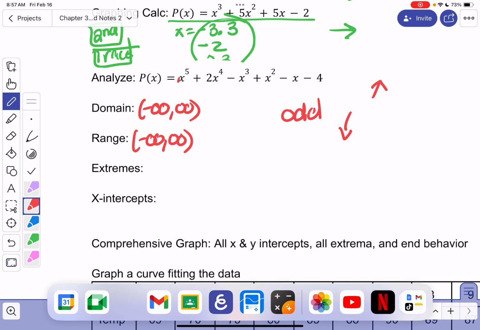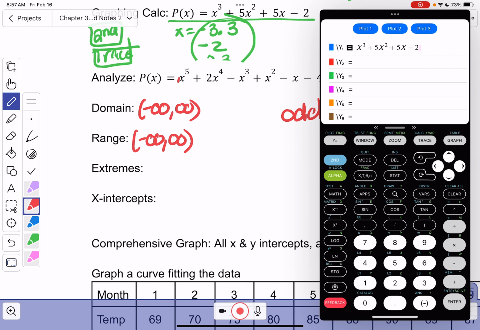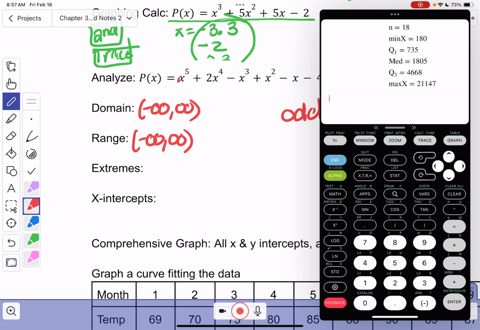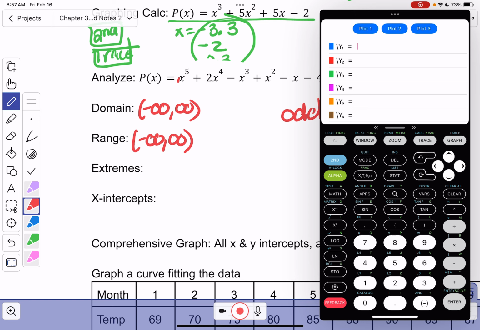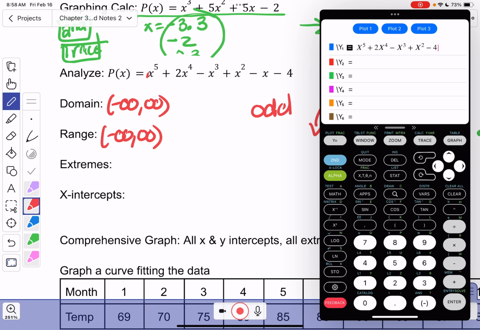So let's stick it in our calculator. X to the 5th plus 2x to the 4th minus x to the 3rd plus x squared minus x minus 4.